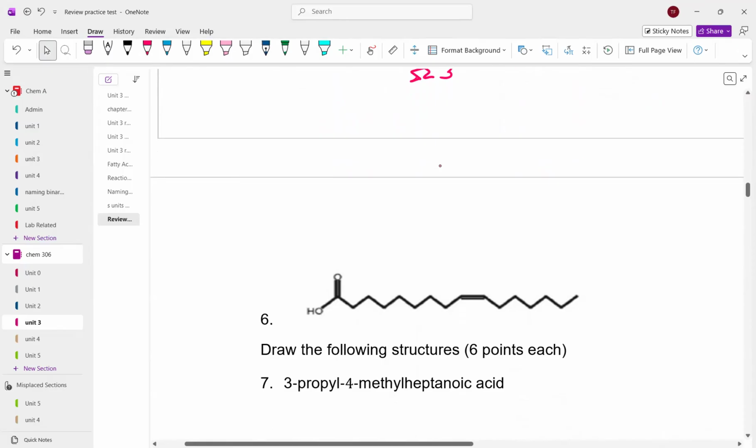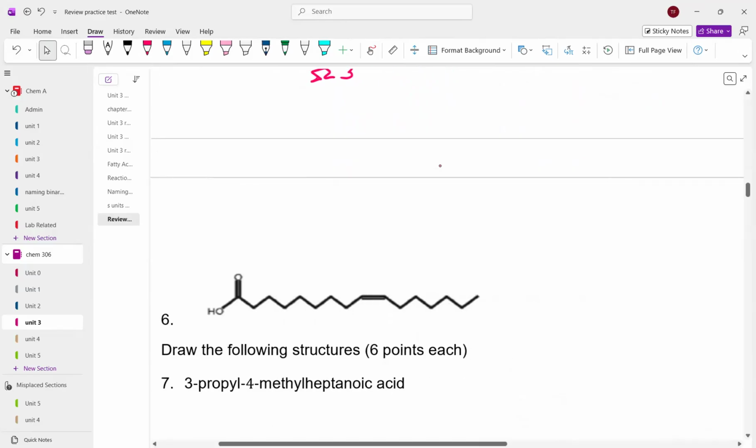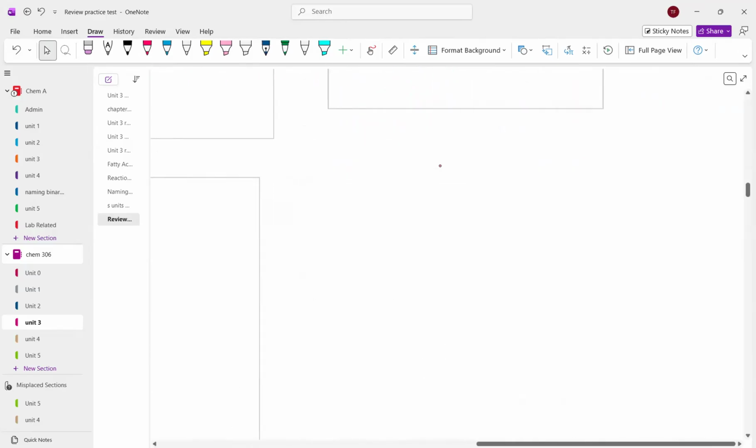We get another long fatty acid here. Let's see, okay, that's one double bond. The only one over here that has one double bond is oleic acid.